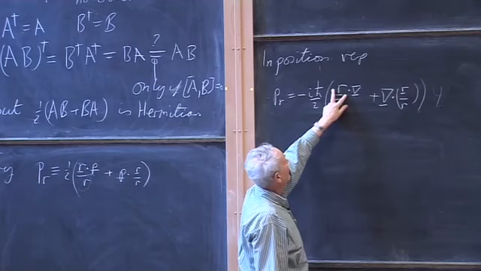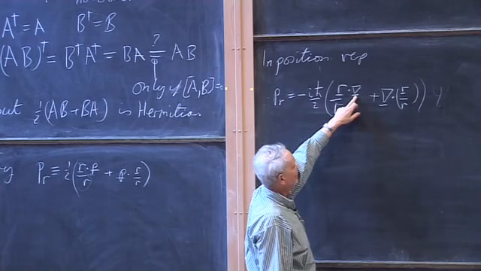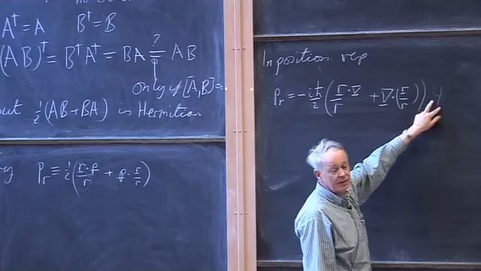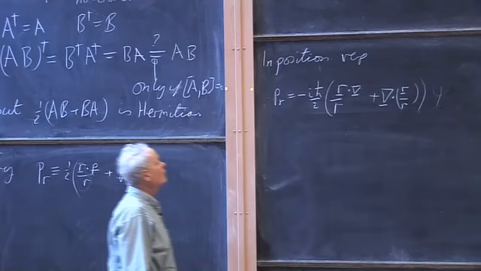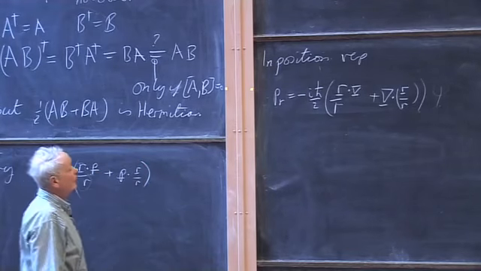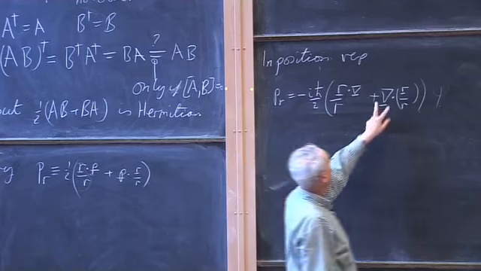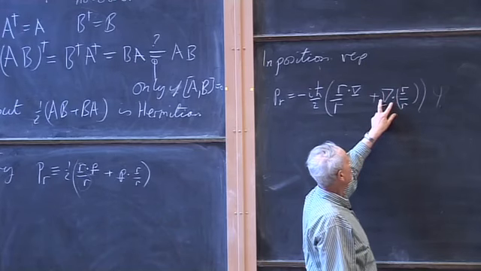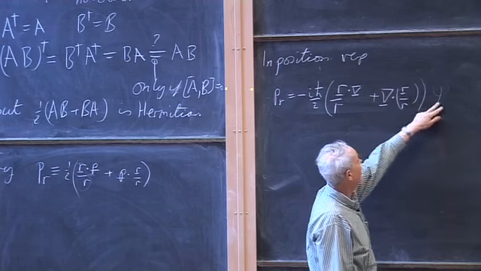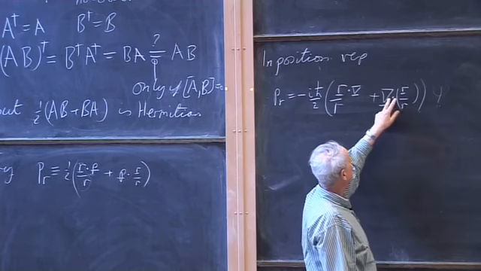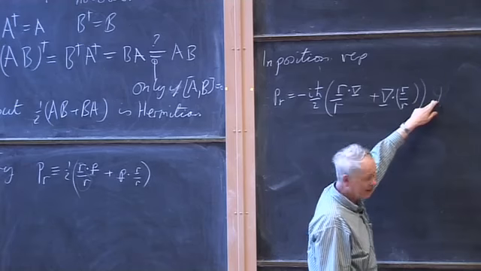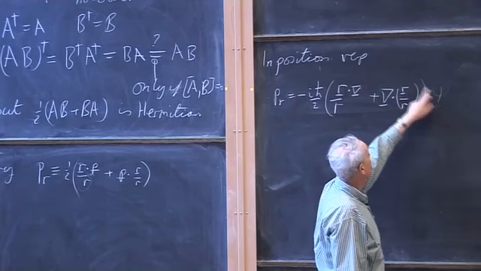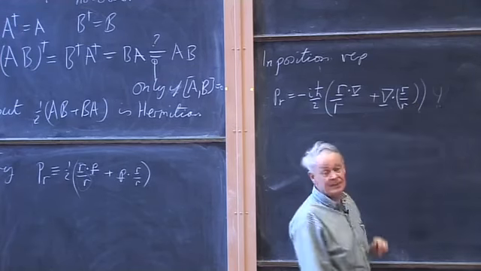This here operates on everything to its right, which is only the psi. So when we expand this out, we're going to get three terms: this thing operating on this, that and that standing idly by, this thing operating on this with this and this standing idly by, and this thing operating on this with these two standing idly by, which is the same as that.